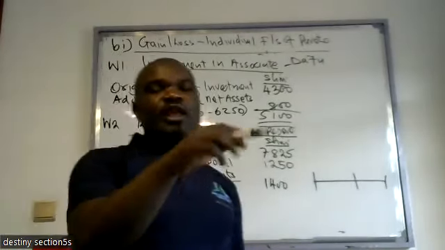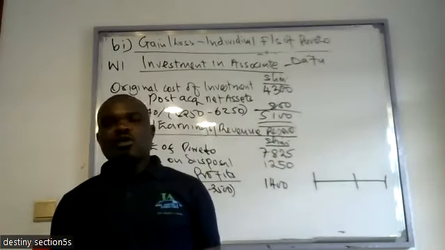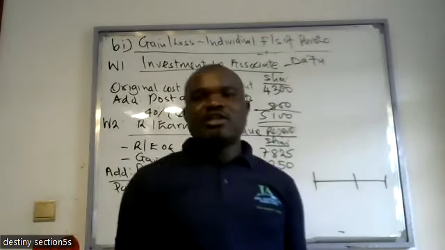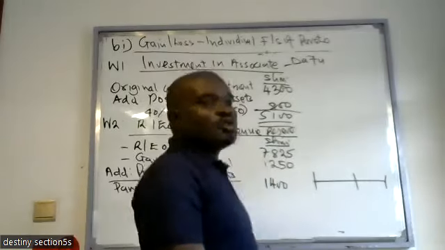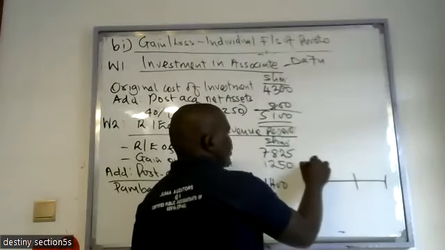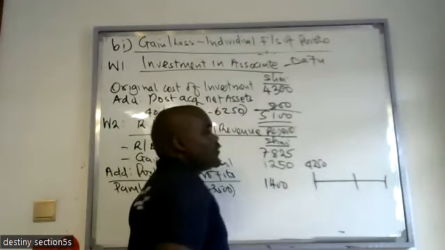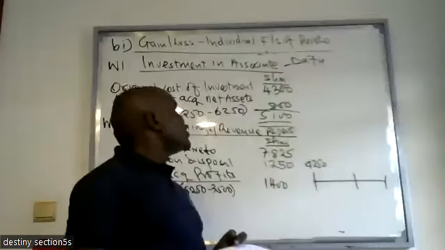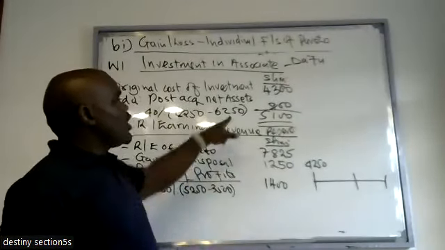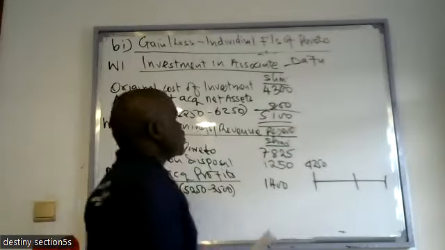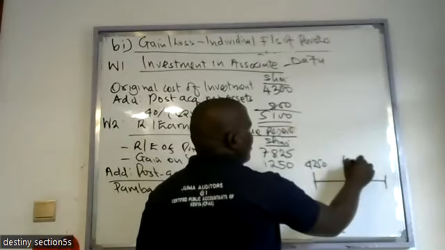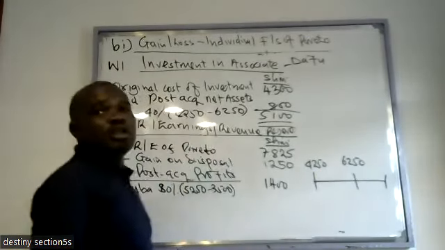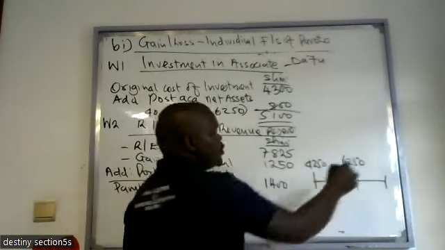Ile B, the B for Dafu. How much can I see there? 42.50. So on acquisition, 42.50. On disposal, ndio hii tulikuwa tumeona hapa, note 4, 62.50. At the end, in the balance sheet, 82.50.